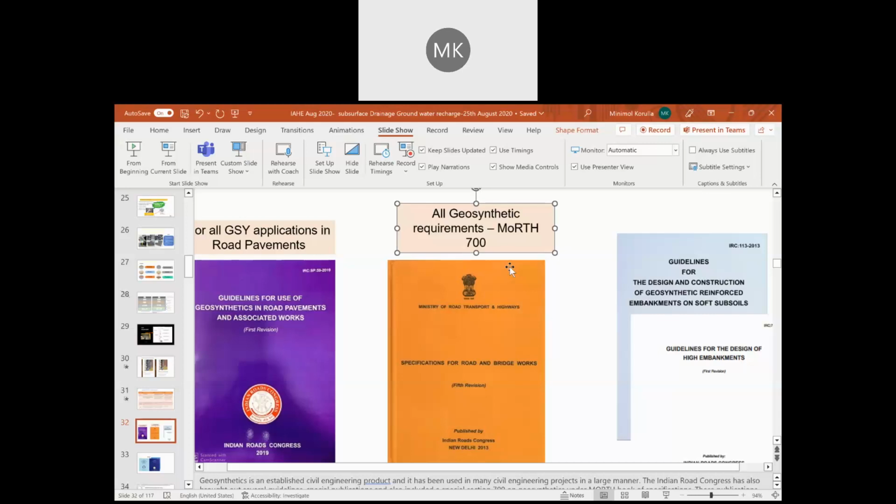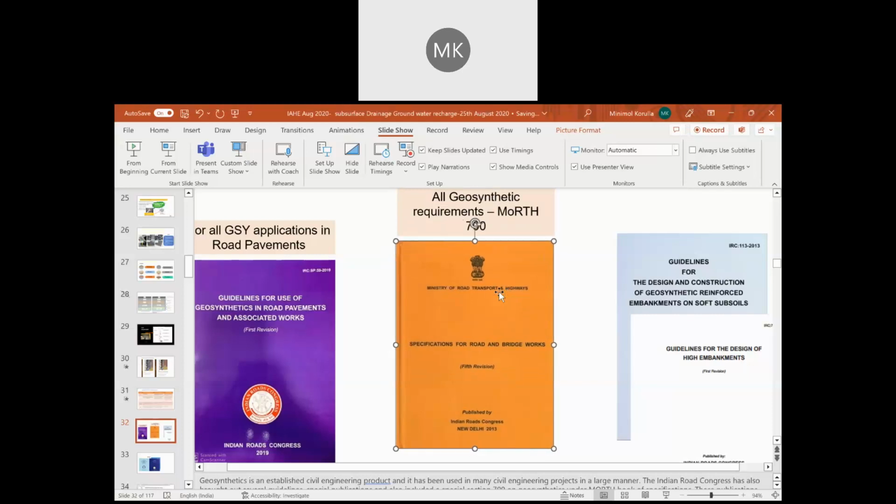Okay, so the drainage layer, where will I use it? I will use the drainage layer between the subbase and subgrade, because I'm not reducing the thickness. Okay, so in this case, I may be able to increase the durability.